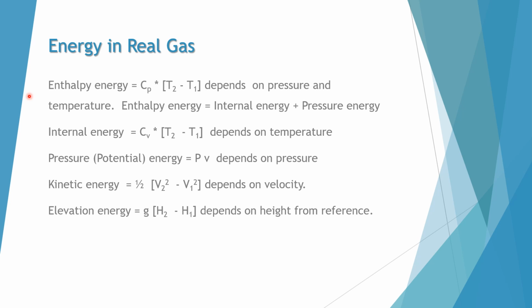Again, internal energy is equal to Cv into (T2 minus T1), depends on temperature, and pressure energy is equal to P into specific volume, depends on the pressure. Kinetic energy is half of (V2 square minus V1 square), depends on velocity, and elevation energy is equal to g into (Z2 minus Z1), depends on height from reference.